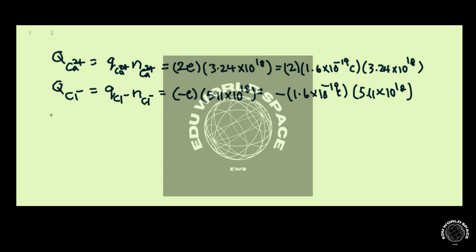Now we're going to find the current associated with each of these total charges. The current is defined as charge over time. So let's find the current associated with the Ca2+.